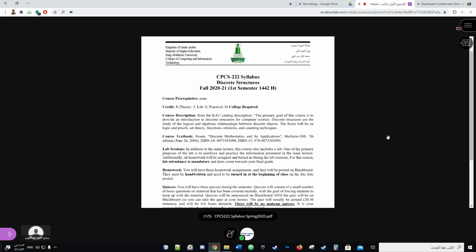And the homeworks are also based on these labs, very similar to what you do in the labs, and they will help you understand the topics better. Lab attendance is mandatory. You have marks allocated for lab participation as well. The lab will be handled by another instructor. I think it's Khalid Al Maliki in your section.